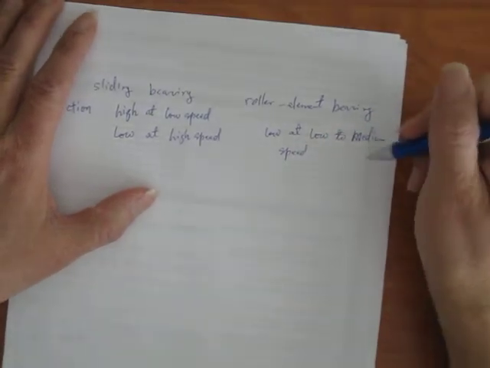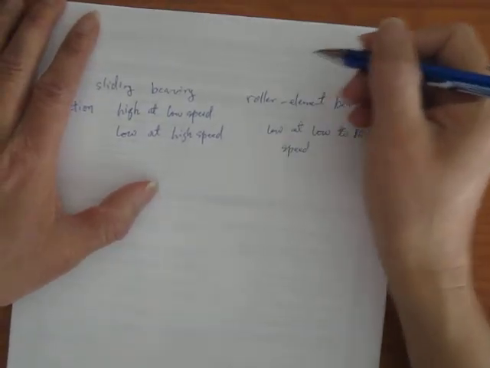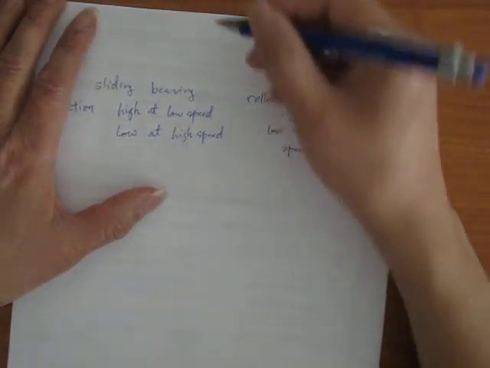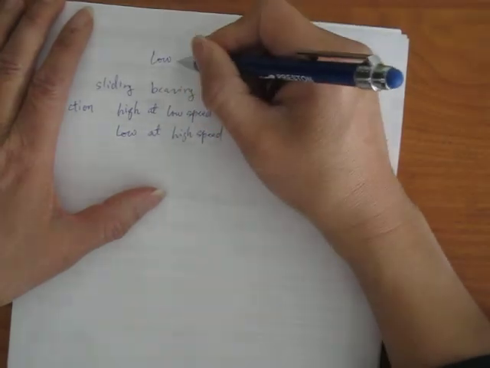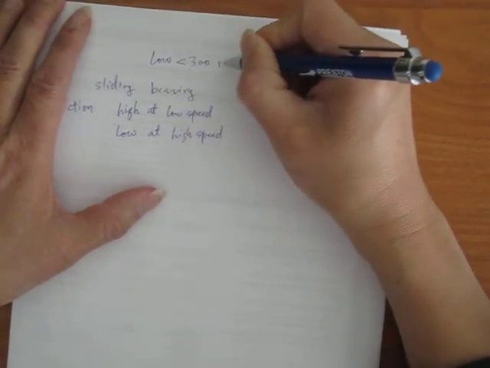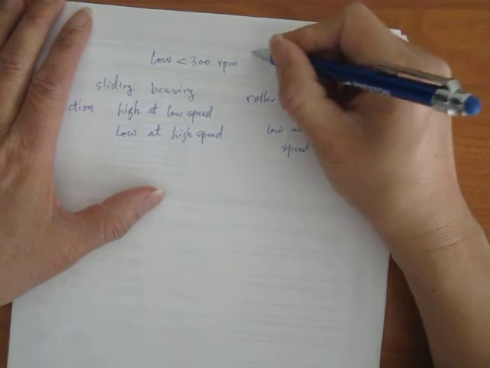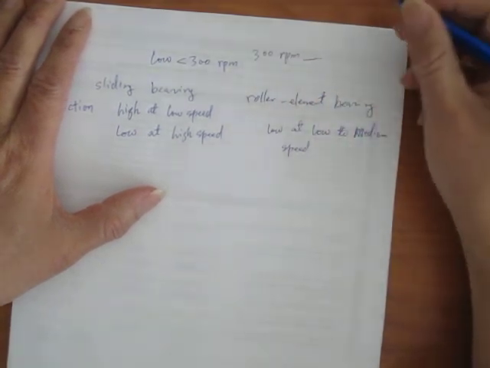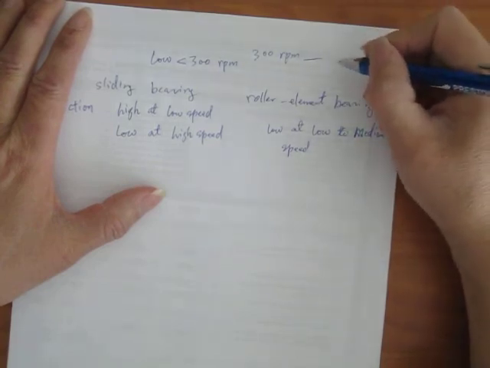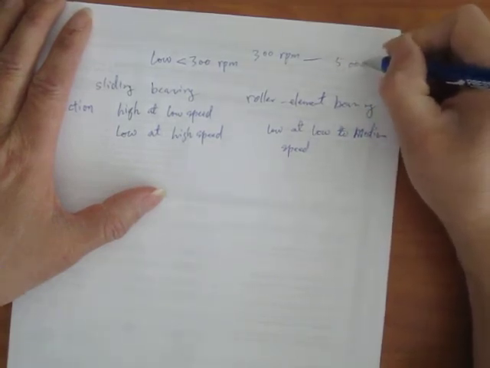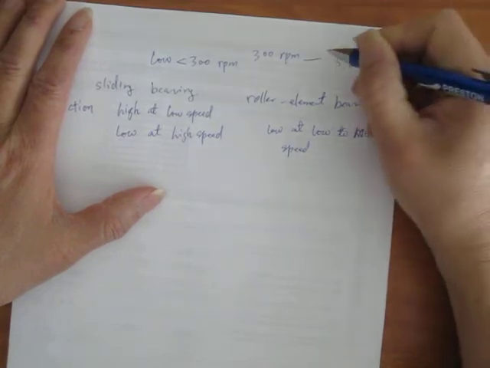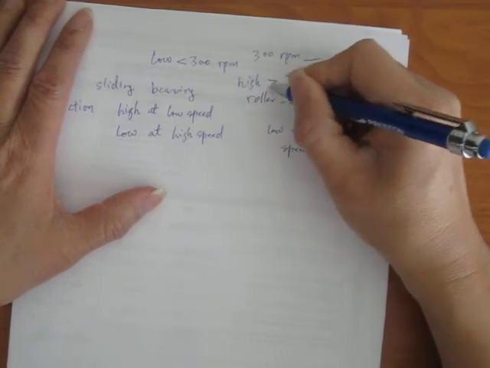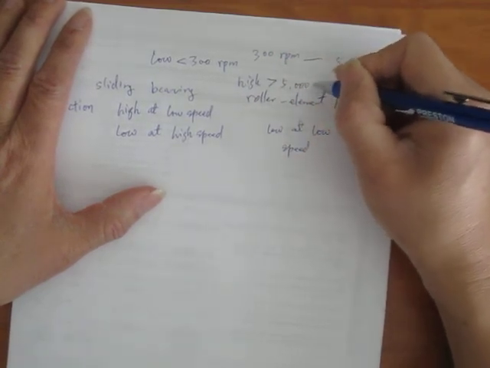Now what is low to medium speed? Anything below 300 RPM we call low. The medium normally we talk about 300 RPM to let's say 5,000 RPM. That's medium. And high is normally more than 5,000 RPM.